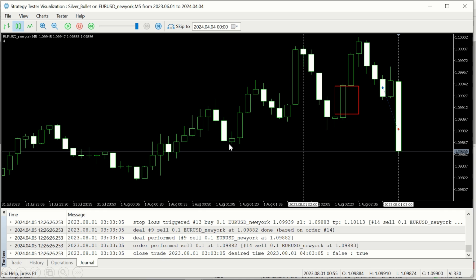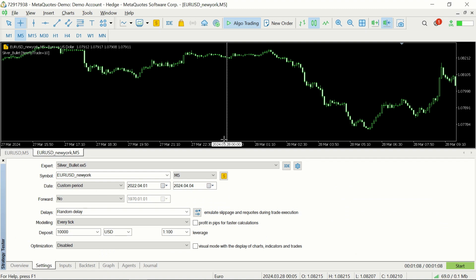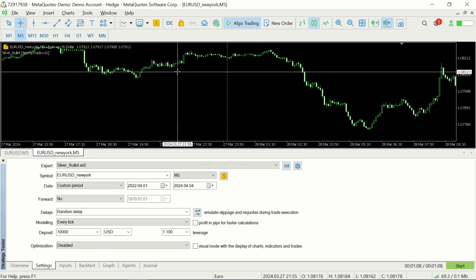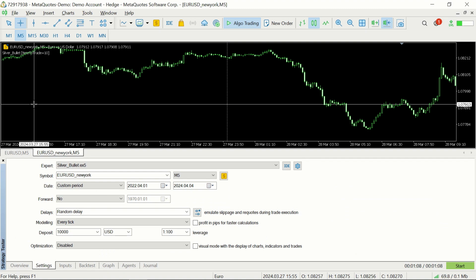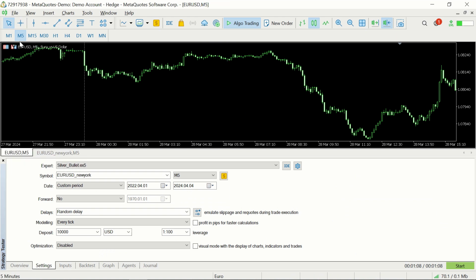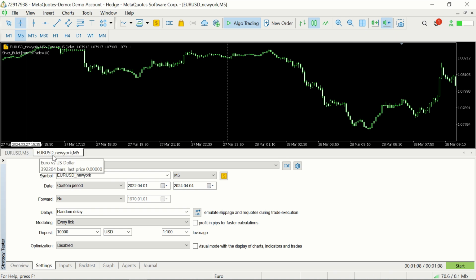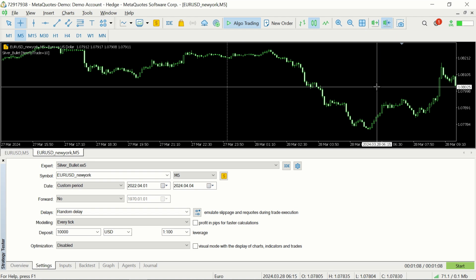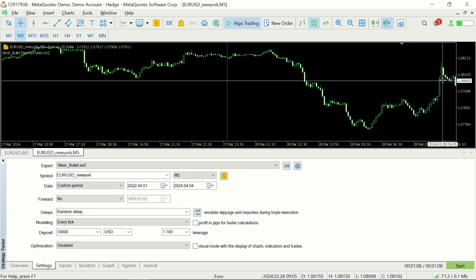So let me now shift to my MetaTrader platform here. And before we start the backtest, there's one thing that I'd like you to note. So I have my EURUSD chart here open in the 5-minute time frame, and I have another symbol here, the EURUSD New York. So the difference between these two, if we just look at them.